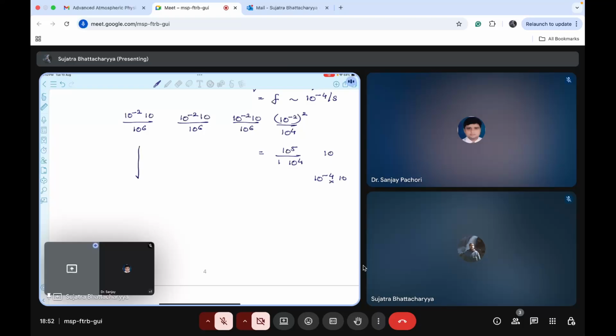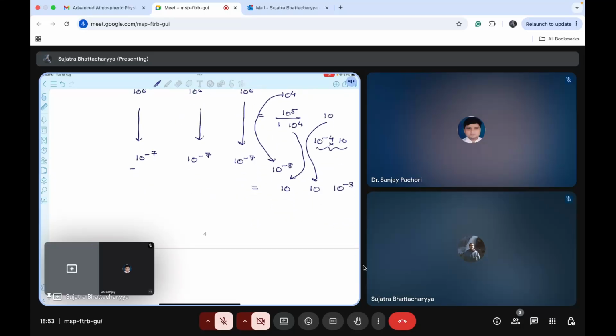So this will be 10 to the power minus 1. Okay, so what will this give? 10 to the power minus 7. Right? Yes, this is also 10 to the power minus 7, and this is also 10 to the power minus 7. This part, this part. What about this? 10 to the power minus 4, 10 to the power minus 8, even lower than this. Come back here, this gives you 10, this will give you 10, and this will give you 10 to the power minus 3.